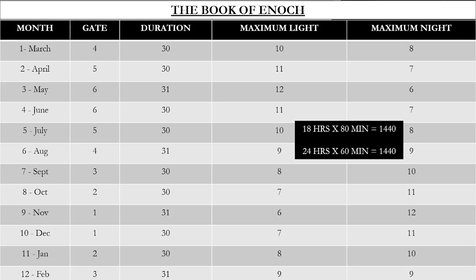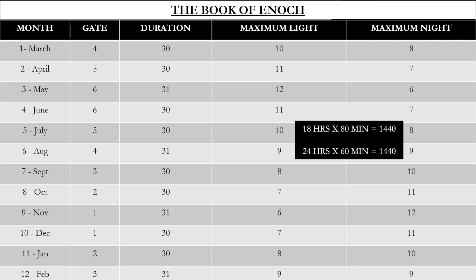On Enoch's solar calendar, the time was divided into 18 hours. However, the hours were 80 minutes long, and 18 hours times 80 minutes equals 1,440 minutes. And if you look underneath the computation, you'll see 24 hours a day. That's on the Roman calendar. So the Roman calendar has 24 hours a day, and each hour is worth 60 minutes.